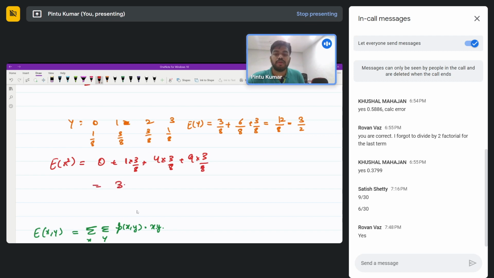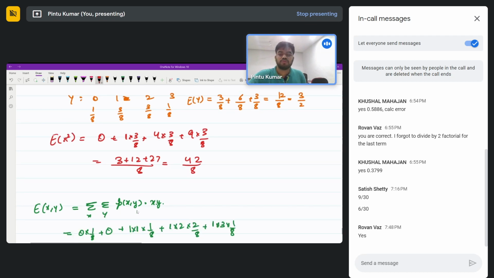So this is 3 plus 12 plus 27 by 8. I think I made the correct calculation, right?